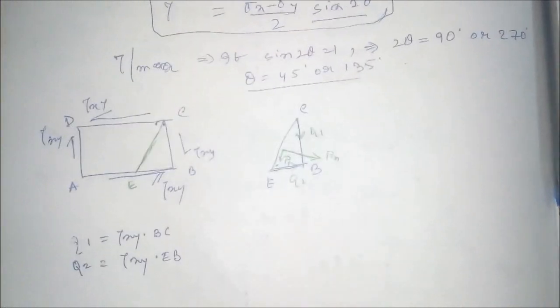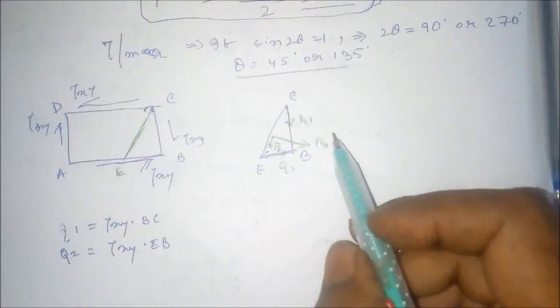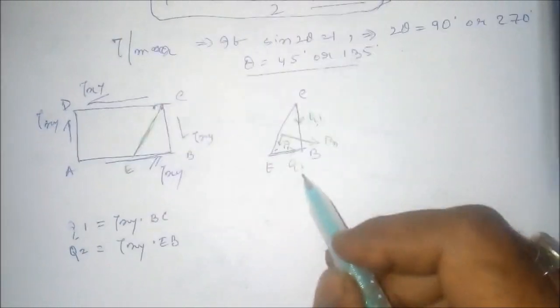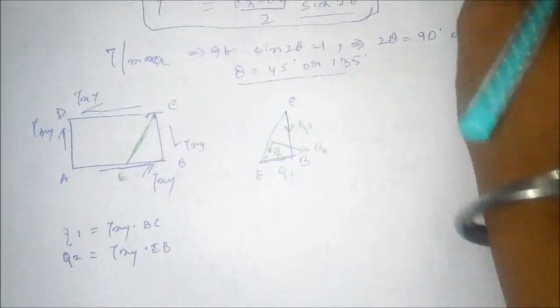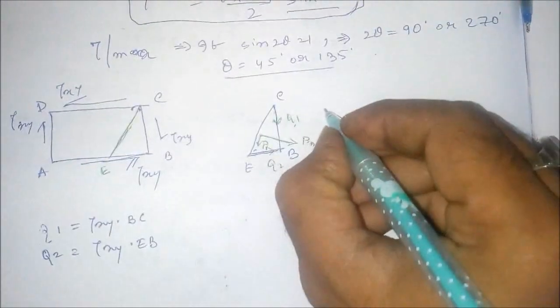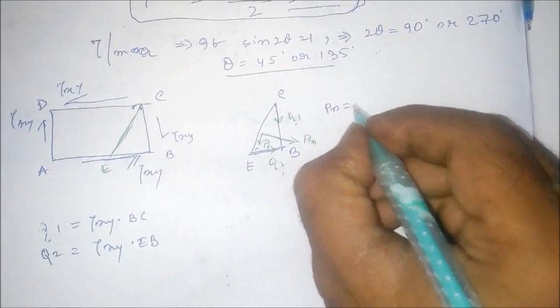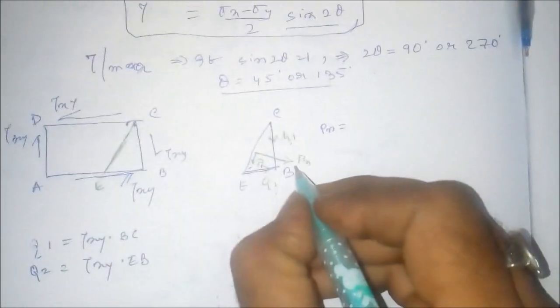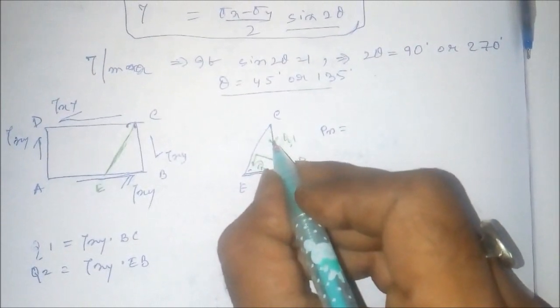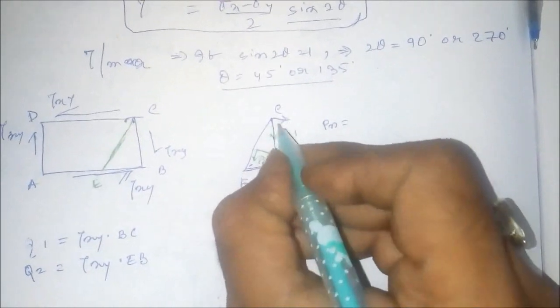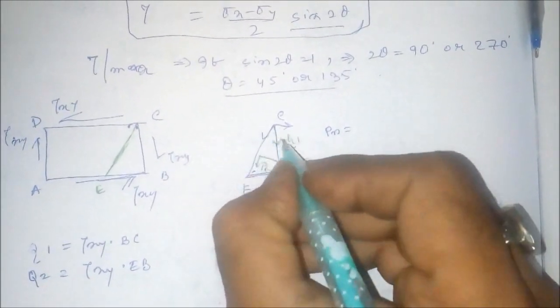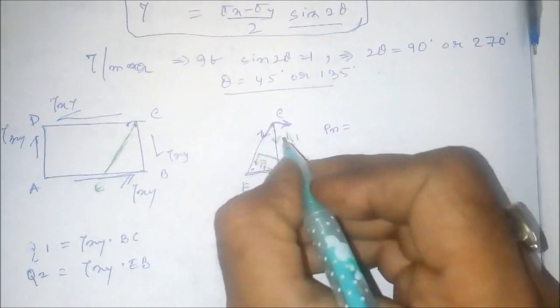To do so, again there will be two components for each force, Q1 and Q2, right? The value of Pn, if we consider, then for Q1 there will be two components acting in this direction and in this direction, that is perpendicular to the plane and parallel to the plane, right?